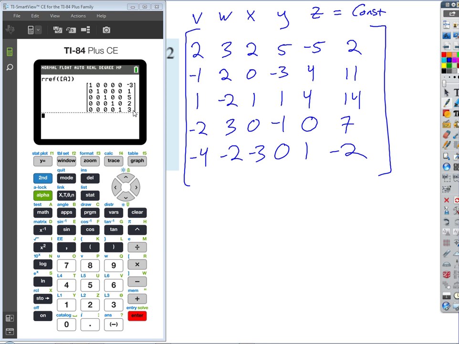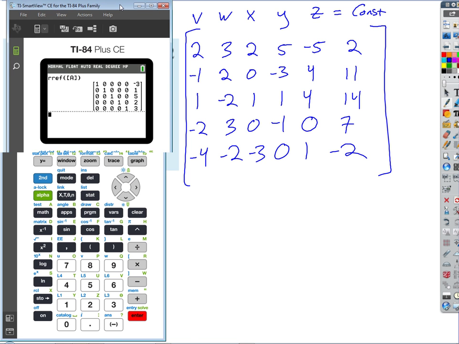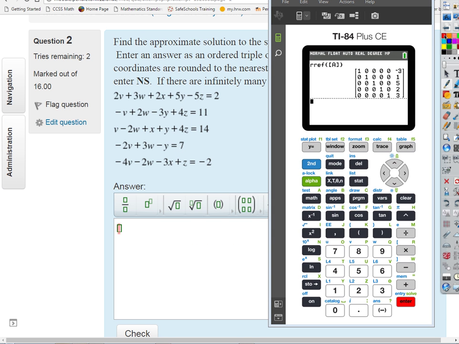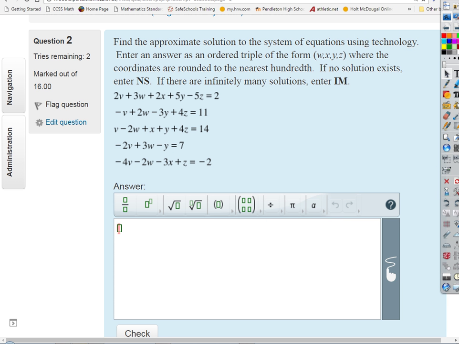So the solution to this one is going to be an ordered, what would I call that, a quintuple. Oops, and there's supposed to be a v in there too. One little minor error.